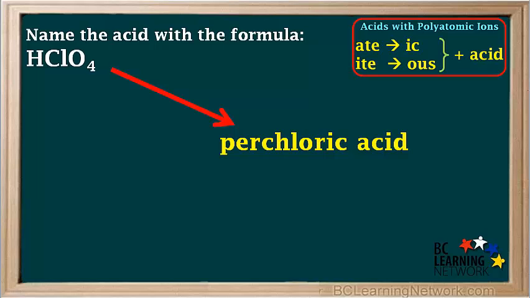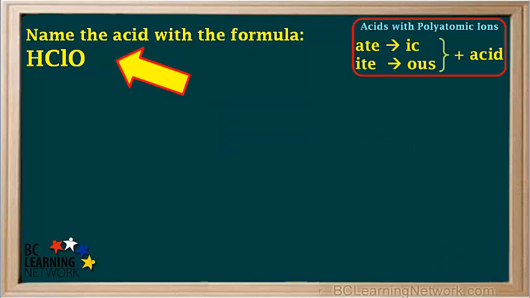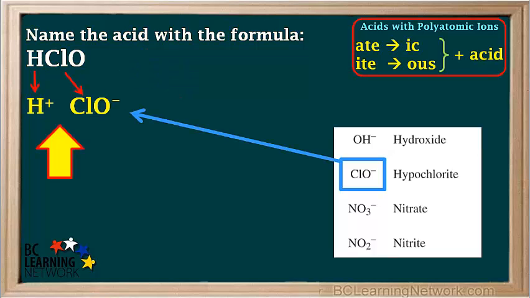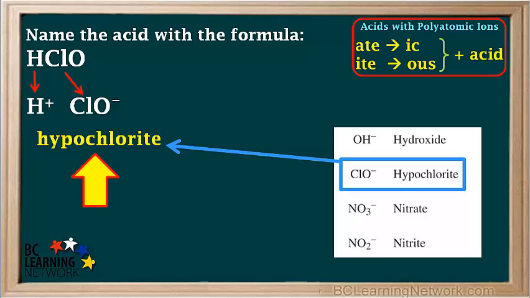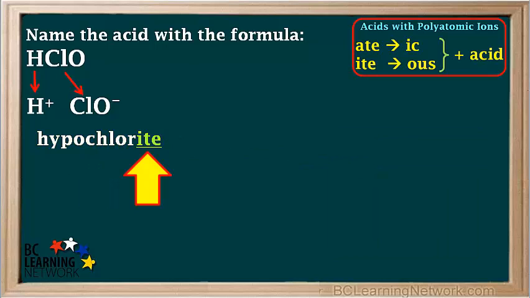Let's do another example. We're asked to name the acid with the formula HClO. Acids are all ionic, so we can break up HClO into H+ and ClO-. The polyatomic ion ClO- is called hypochlorite, which ends in the letters ITE.